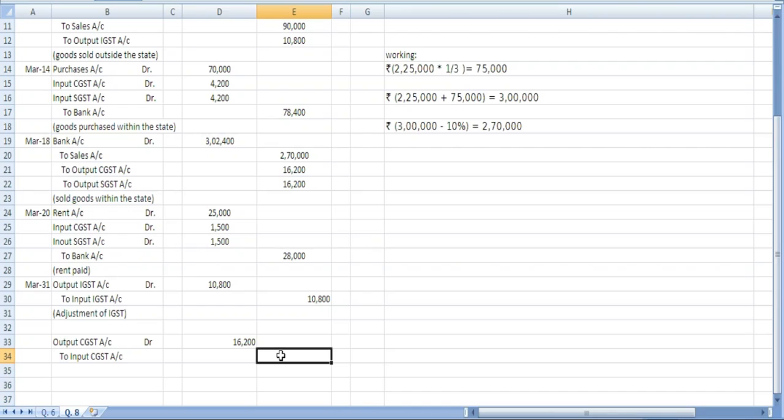So input CGST is 5,700. That means remaining money left will be adjusted with the input IGST account. That was 16,200 minus 5,700, that is coming as 10,500.